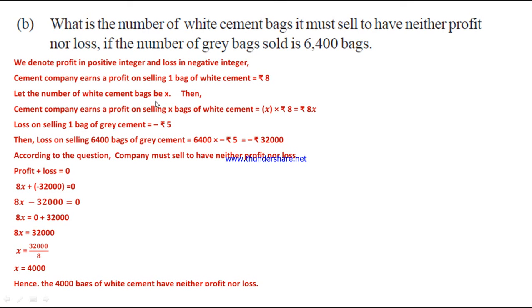The number of white cement bags. Initially we took the number of white cement bags as x. So by selling 4000 white cement bags and 6400 grey cement bags, the company has neither profit nor loss. That is, no profit, no loss.